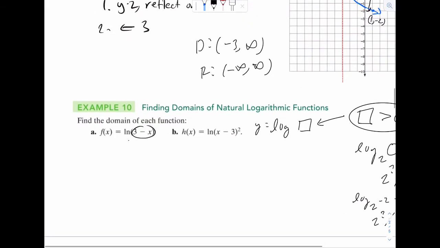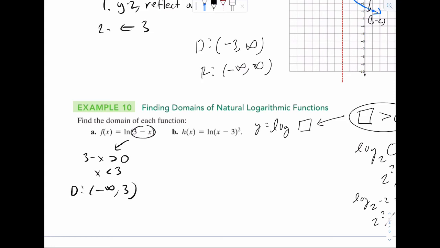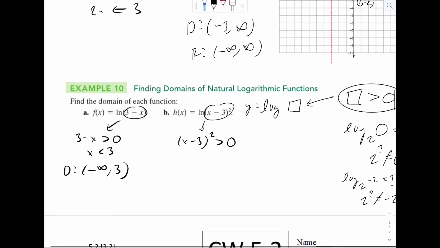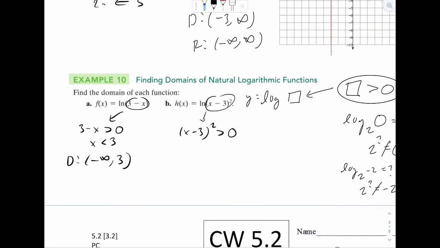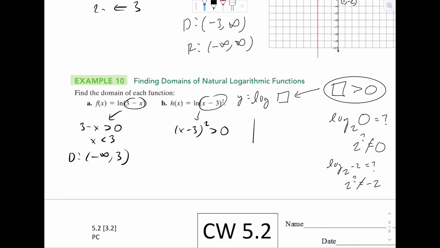So we're going to grab this thing. 3 minus x must be greater than 0. So x should be less than 3. So there's our domain. Everything less than 3. Okay, now this one's kind of weird, because if I grab this thing, x minus 3 squared should be greater than 0. This is quadratic, so a little bit different. We can't just square root it to figure it out. We're going to draw a graph.